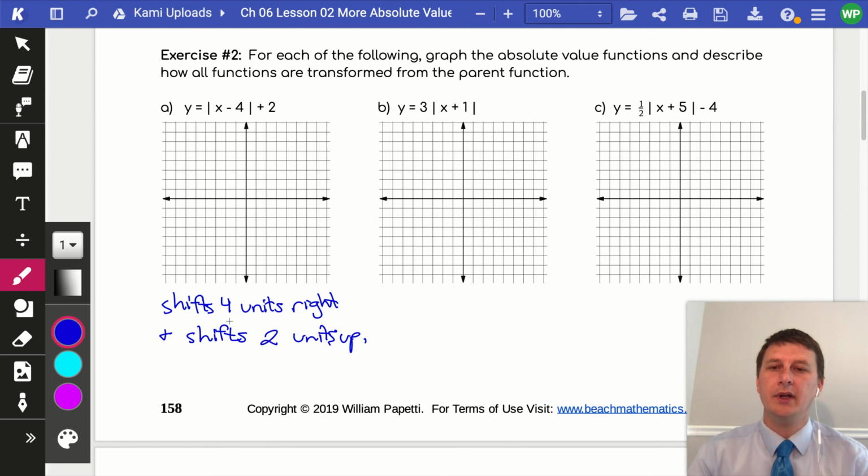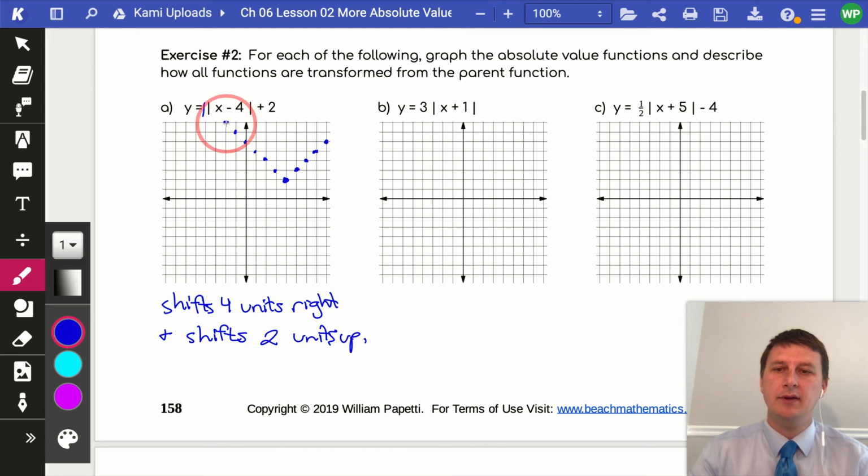So now graphing that, if we know our vertex is going to be 4 units to the right, 1, 2, 3, 4, and 2 units up, and this thing is not being multiplied by anything, we know our slope is going to be 1. So in each direction from this vertex, we're going to go up 1, right 1, up 1, right 1, and then when we run out of room, we go up 1, left 1, up 1, left 1 to make that V-shaped graph.